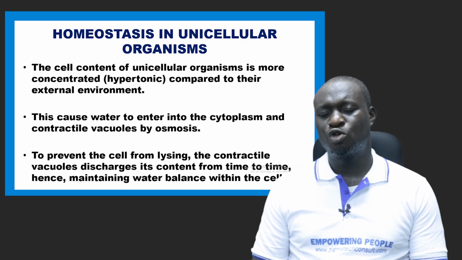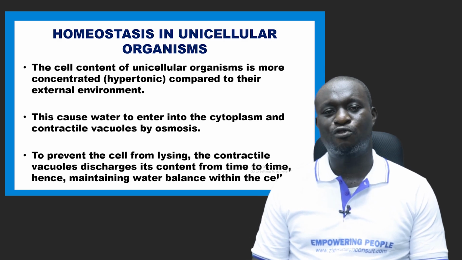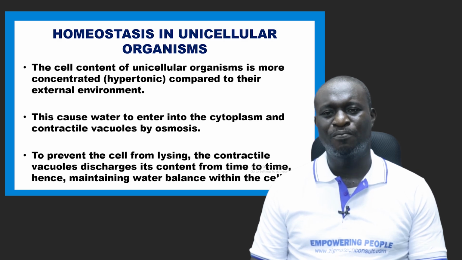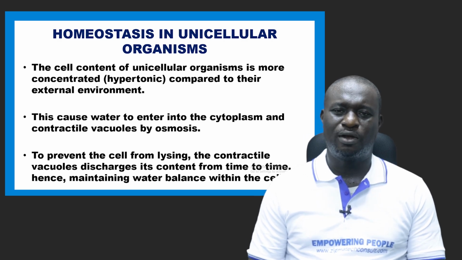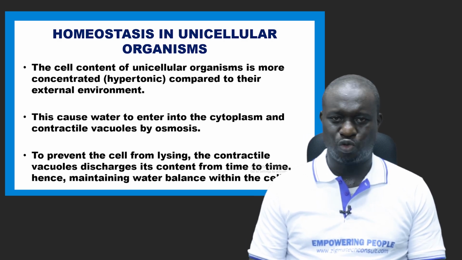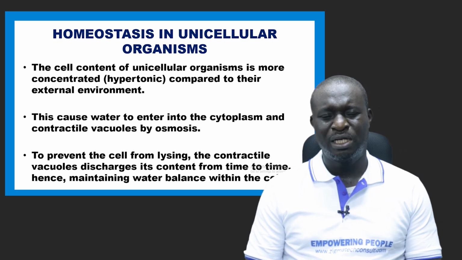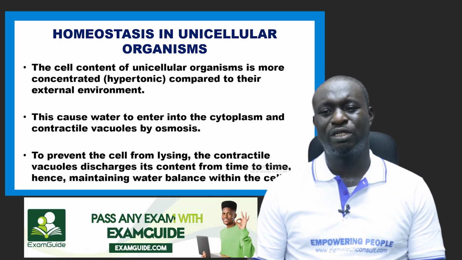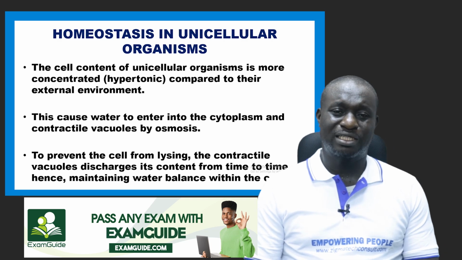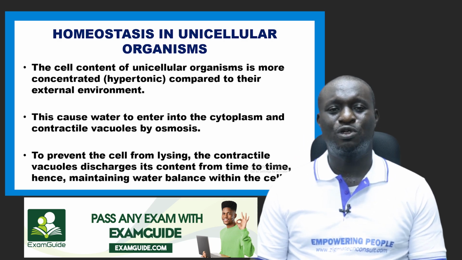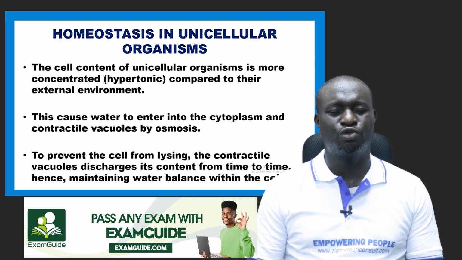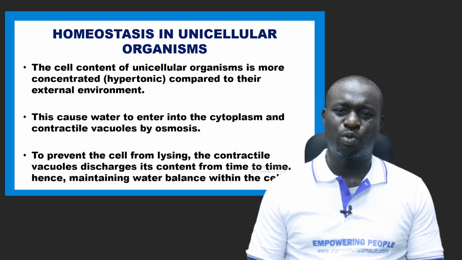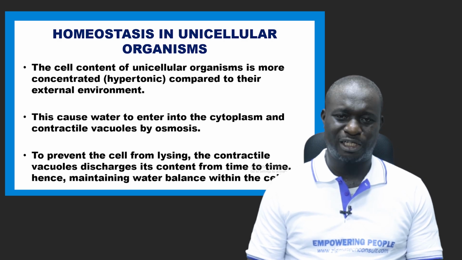So water molecules will begin to move from the lower concentration, which is the external environment, and begin to rush into the cell of the amoeba, which we're using as our case study. Of course, this will cause water to rush into the cytoplasm, and not only the cytoplasm, it will also rush into a particular organelle which we call the contractile vacuoles.